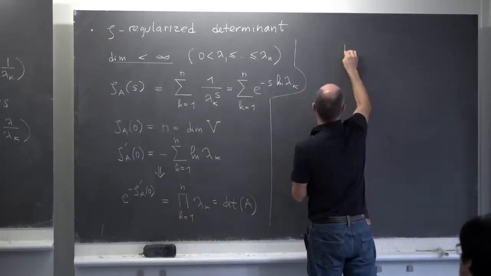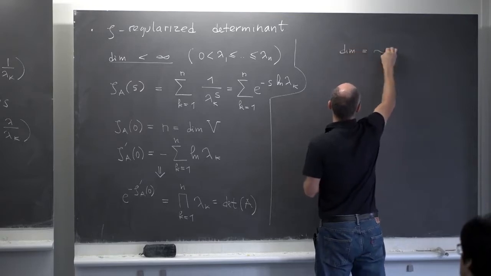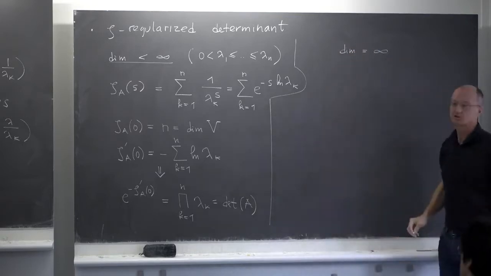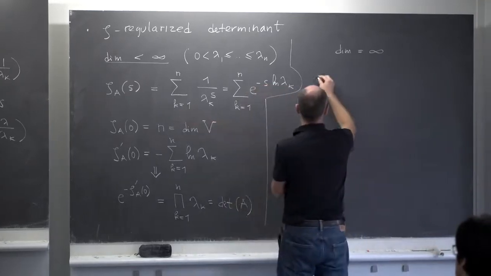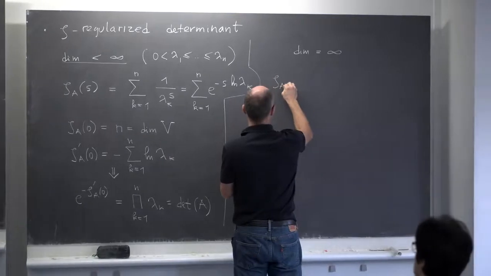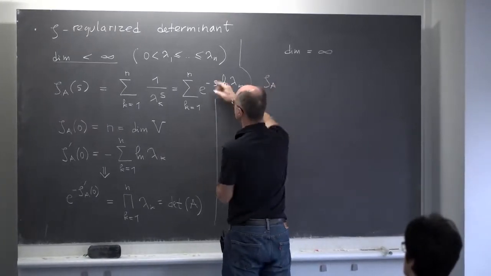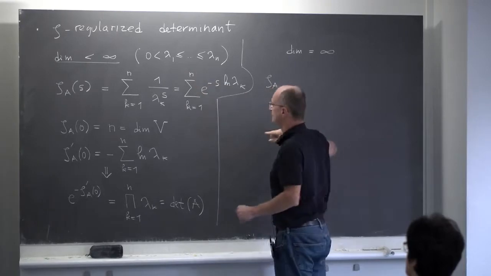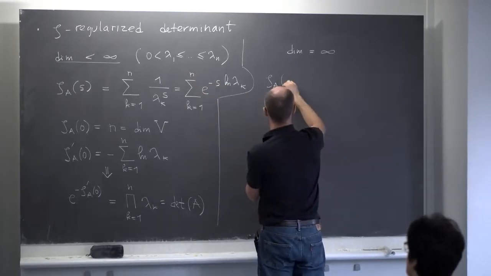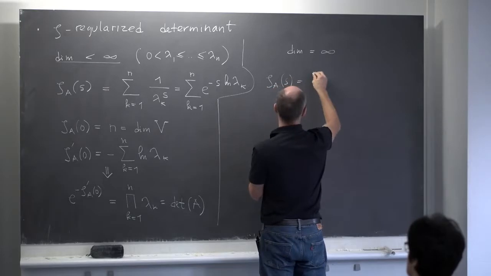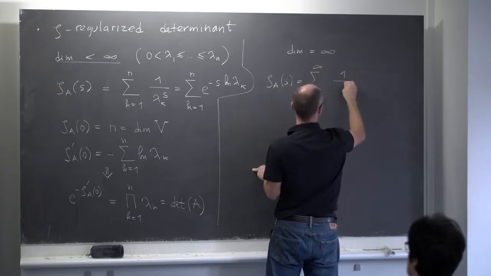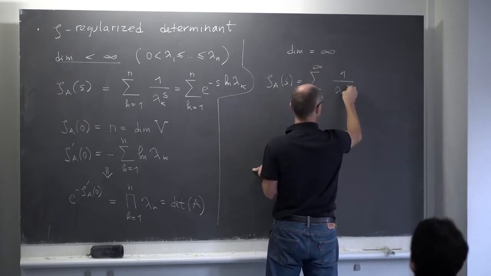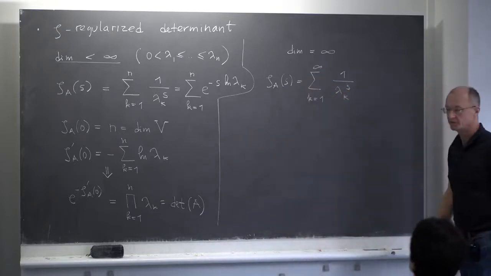So now let's look at the infinite dimensional situation. There we can also look at a similar definition. Let's again assume for a moment that all the eigenvalues are positive. So now we're getting an infinite series.